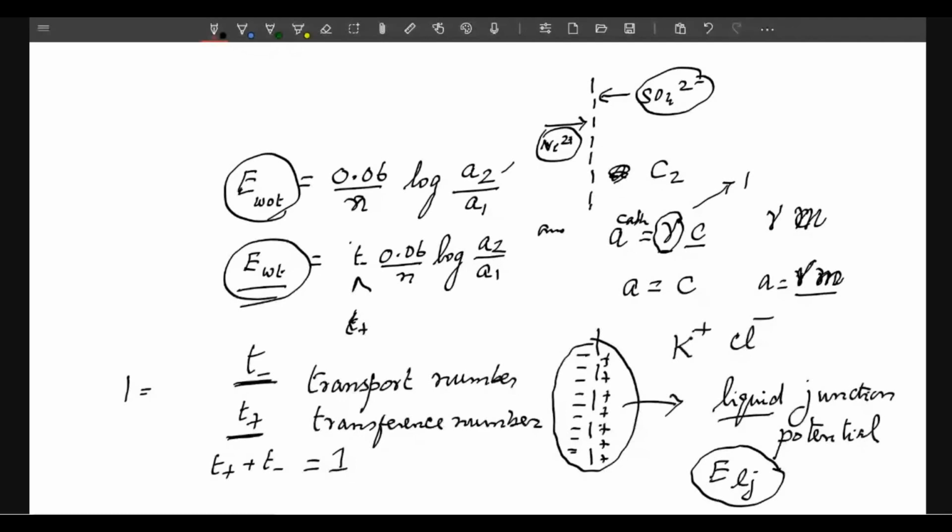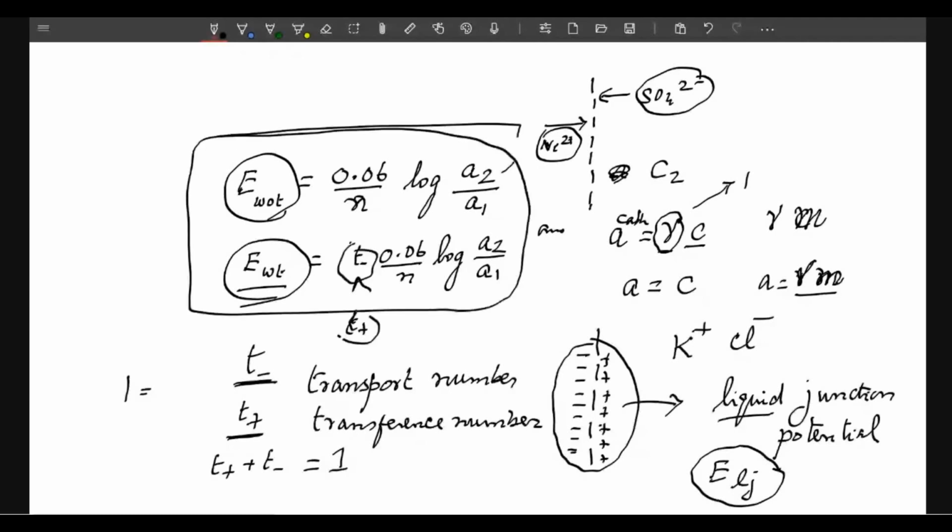Now let us consider the first, simplest case, hydrogen ion concentration electrolyte. Let me repeat: these are the two equations you have to make use of.